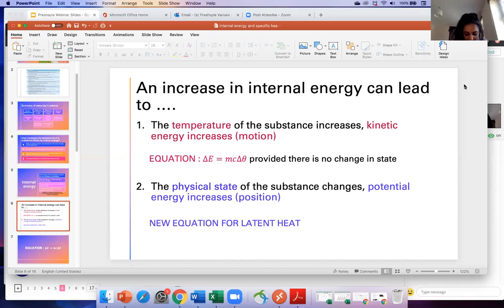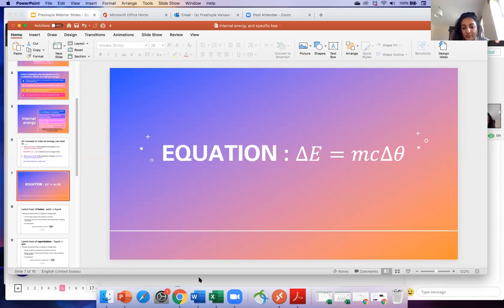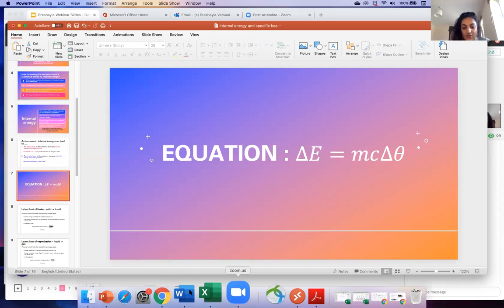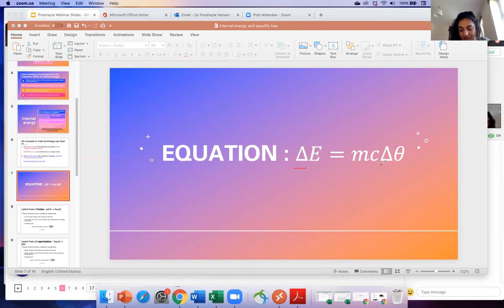Someone said they missed the explanation of delta E equals mc delta theta, so I will go through that again. Here's the equation: delta E equals m c delta theta. Remember that delta is a Greek letter, this triangle here, and the triangle means change in energy, which is heat energy, equals mass times specific heat capacity times the change in temperature.